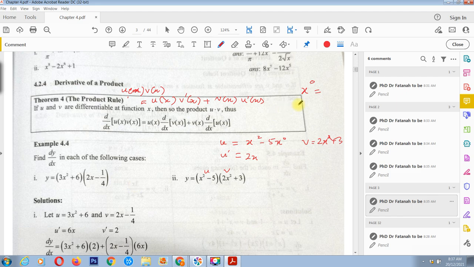X to the power of... Huh? Undefined? 1. Okay, you will have 1.